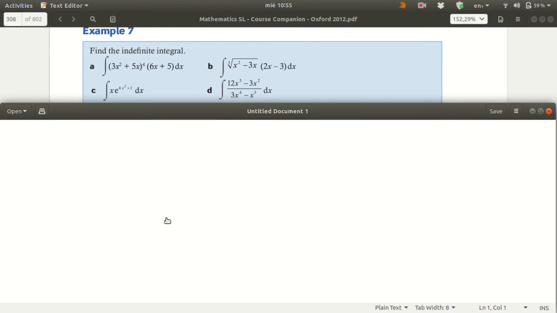So we're going to use the substitution u equals 4x squared plus 1. Now let's find the differentials. So we have du is 8x dx.